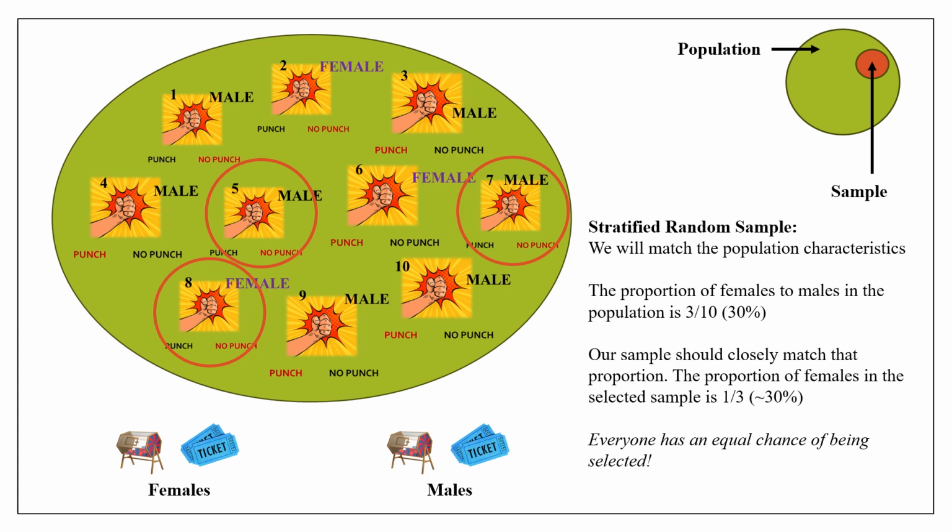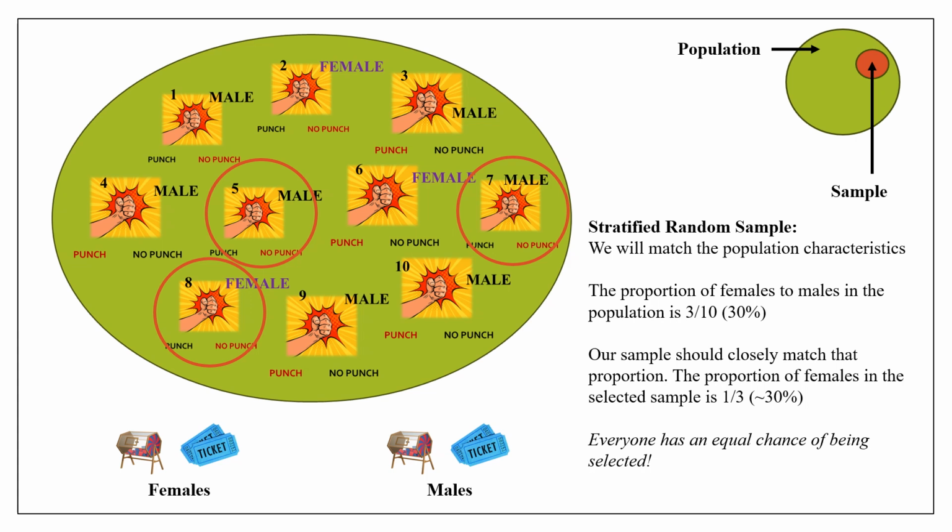We have the same 10 individuals that we have been working with, but now we can see demographic information for each of them, specifically their gender, whether they're a female or male. Now here, again, remember that everything within the green area is representing the entire population, and what is in the orangey circle is your sample.